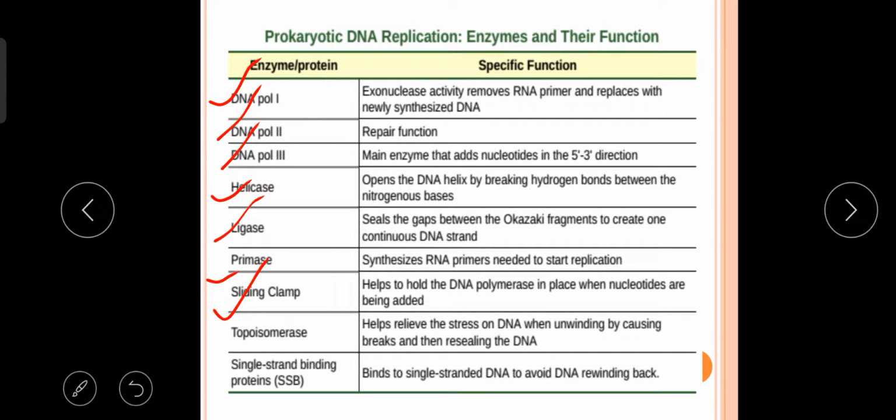Sliding clamp, which holds the DNA polymerase in place during DNA replication. Topoisomerase cuts and reseals the two strands of DNA, and this way relieves the stress or tension in the DNA molecule. Single stranded binding protein stabilizes the separated strands of DNA. So these are the important enzymes involved in DNA replication.